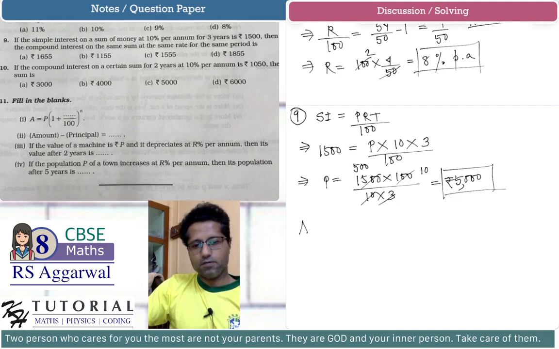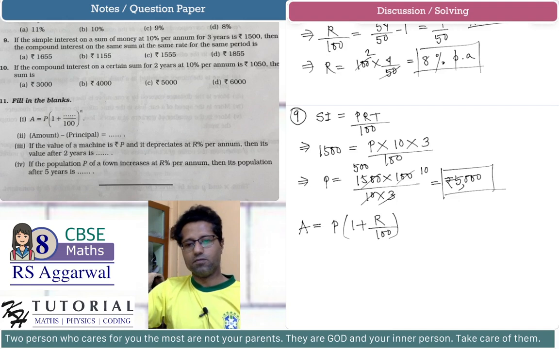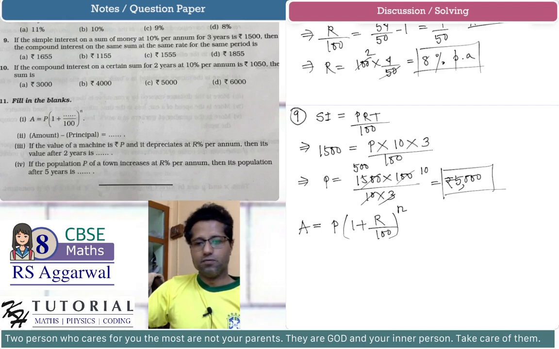So for the compound interest, we know the formula is P(1 plus R by 100) to the N. This is not the general formula but the simplified formula where the interest is being compounded annually and the time period is an integer value, and R is the rate of interest. So this will be P. The rate of interest for compound interest is the same as the simple interest, so it will be 10 by 100, and the N, it is given to find the compound interest for the same period.